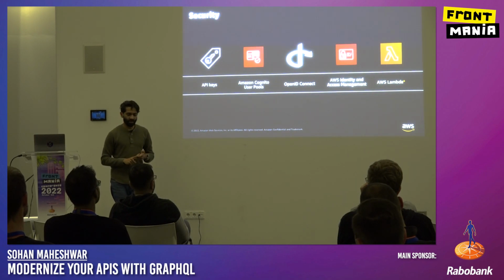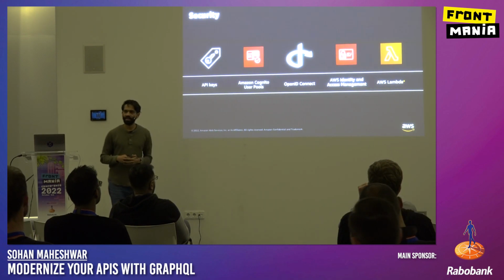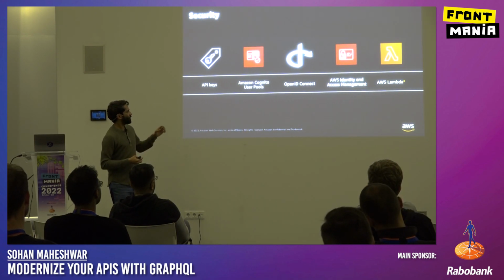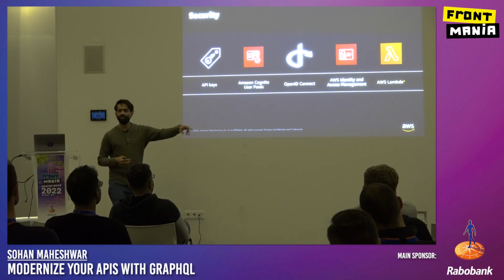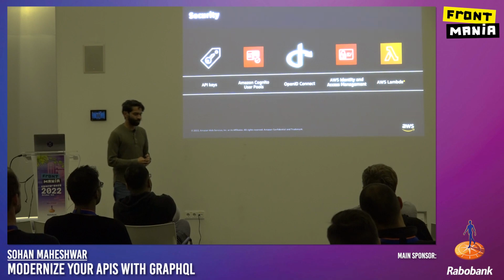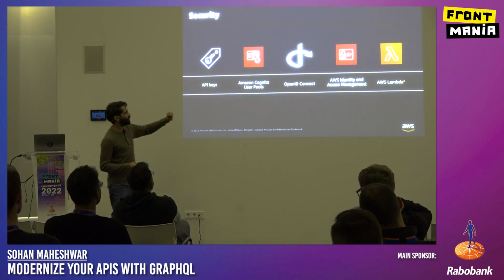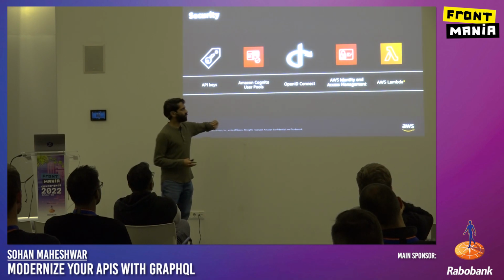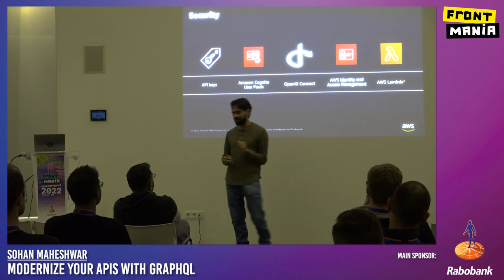The good thing is there is auth and security built into AppSync, as with GraphQL. So you can actually get access from your users with any of these methods, right? Say someone accesses that API via API key, someone does it via Amazon Cognito, and someone does it via AWS Identity and Access Management.